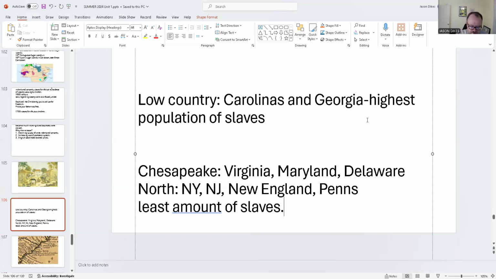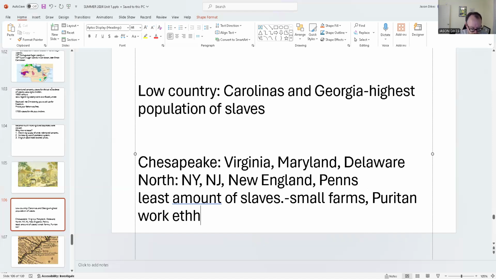A lot of that has to do with small farms and the Puritan work ethic. Okay. The Puritans were very big on working with your hands, your own hands. And there were some moral objections to slavery as well in the North.